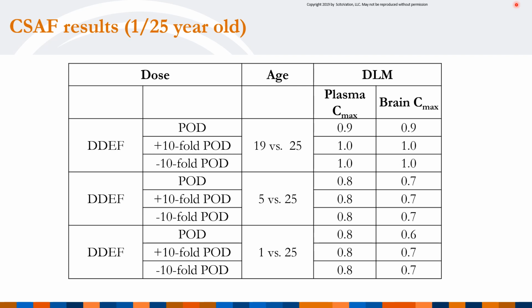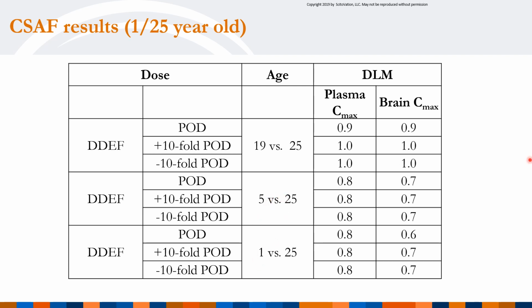So here we use different ages. This one doesn't really serve because 25 is considered as adult, but we knew that children around 1 and 5 years old were the category of ages that were the most exposed to pyrethroids. So that's why we run these two ages.